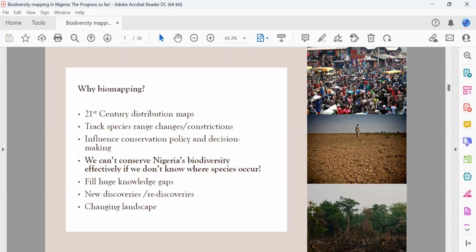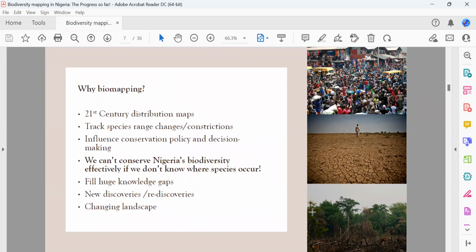Also, we need to fill huge knowledge gaps, as you have seen in the previous slides. We also need to make new discoveries because as our landscape is changing, the species account in terms of richness and distribution is also changing, either shifting or constricting. So we need to make new discoveries and rediscoveries.